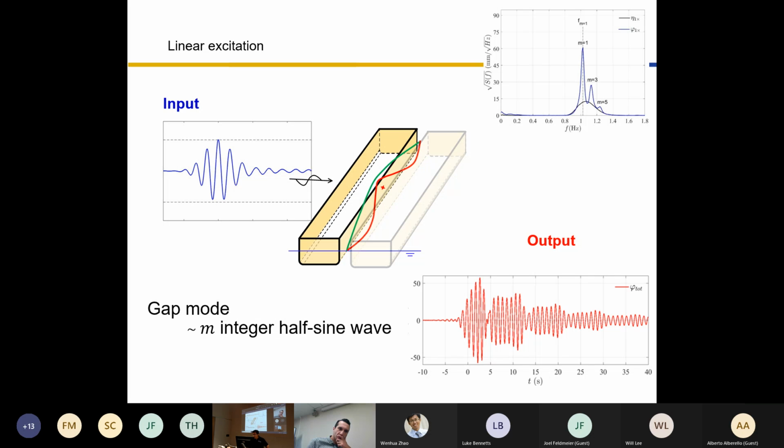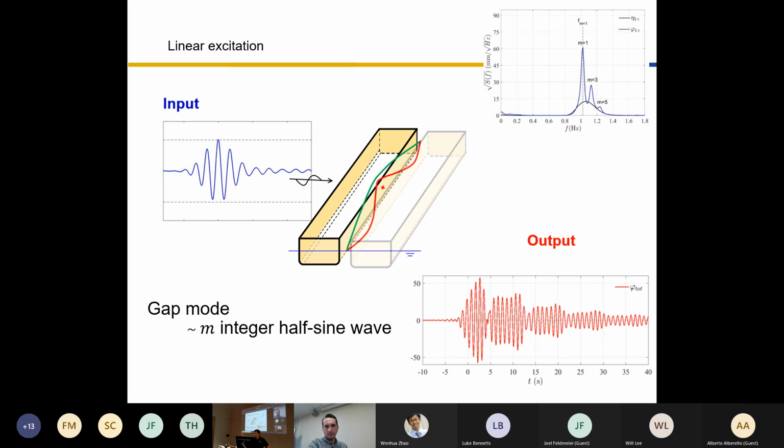You might ask why there are so many spikes in the response on the top right corner. That is because we excite various resonance modes inside of the gap. If you look at the middle, the gray curve, which is a half sine wave, is one of the resonant modes inside of the gap. Then the solid blue, solid red curve is 3 half wavelengths.